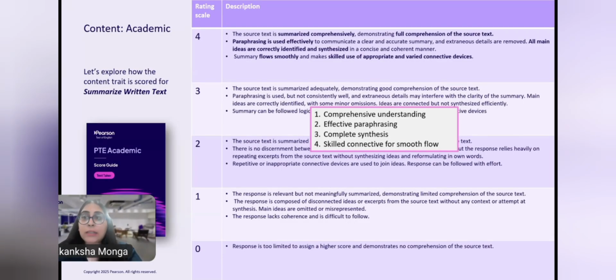I would recommend using these four ideas to create lesson plans, ideas, worksheets, or activities for learners so that they can develop these skills. Also, it is important to keep in mind that these skills are not just required for this question type, they are also required for many other question types. Apart from that, these are all realistic skills that any test taker who is taking the PTE Academic test will require when they go into university life.